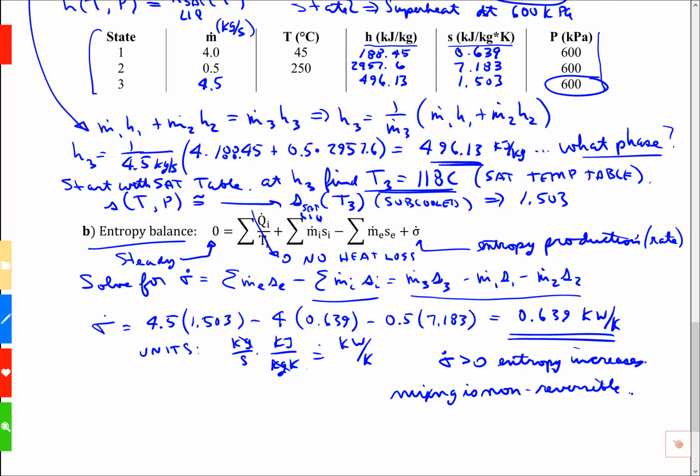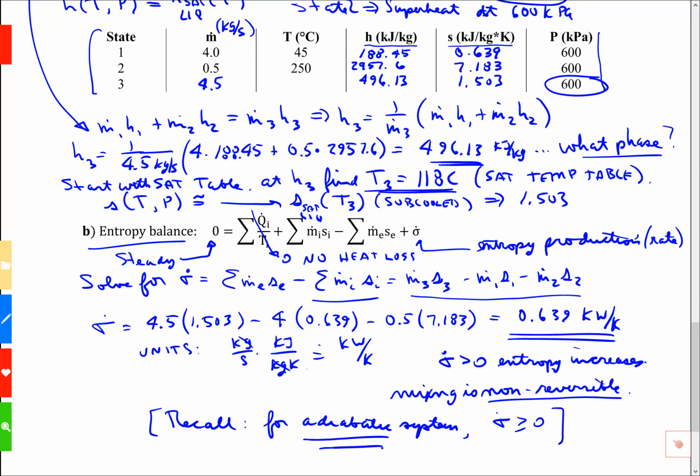And the increase of entropy principle says that for an adiabatic system, sigma dot is greater than or equal to 0, and it's greater than for a real situation. It's equal to 0 for its ideal only. And this is a real situation because it's non-reversible. And this thing is the increase of entropy principle. We can only talk about that for adiabatic.